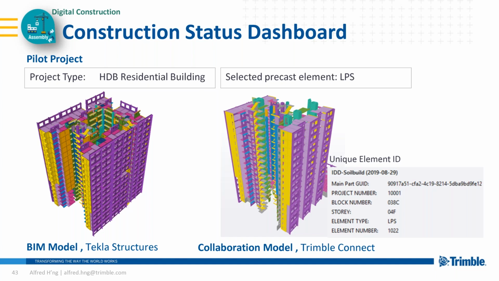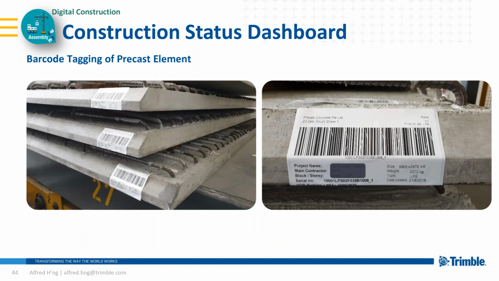IFC models were exported to Thermal Connect, complete with an individual unique ID for each LPS. The unique IDs of each LPS are mapped with the barcode tagging as shown in the pictures. So each element is attached with its corresponding barcode.